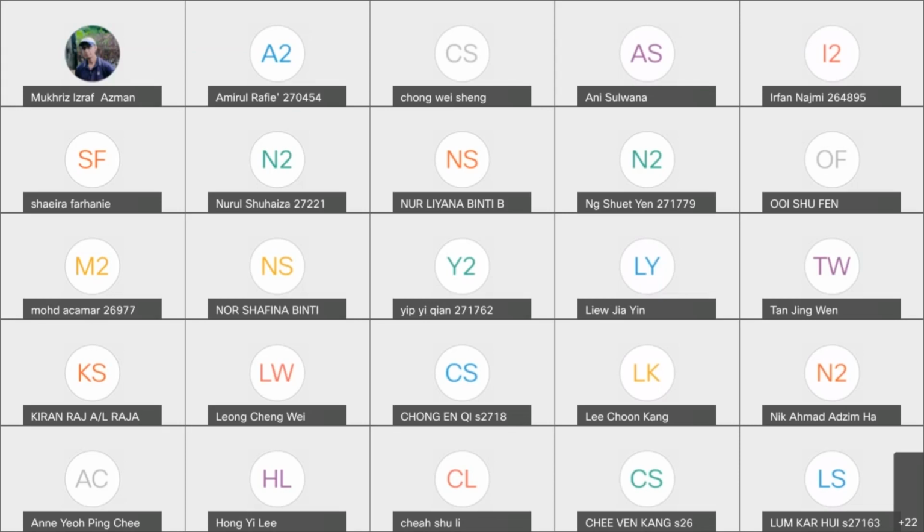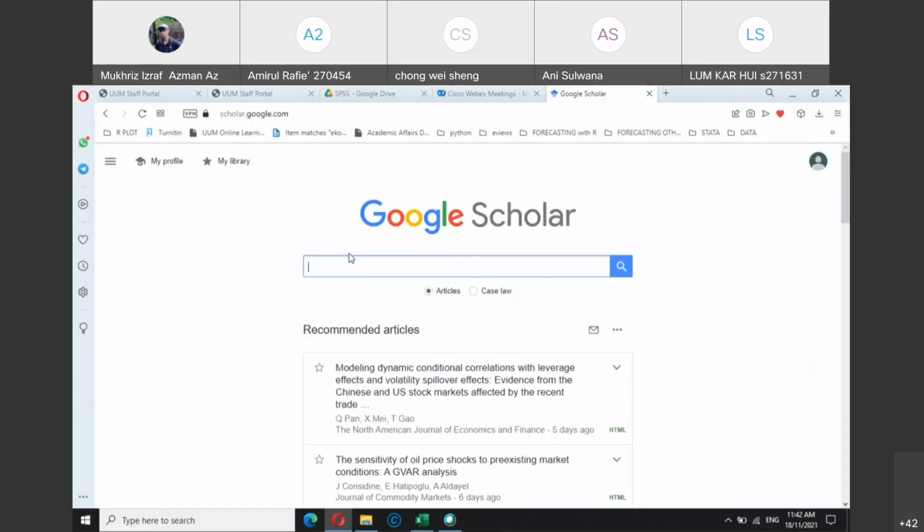Last Monday I also showed you how to use Google Scholar to extract the information and put it into Zotero, your reference manager. Of course, you can use other software, but just for our class this semester, it's easy if everyone uses the same program, and then you can share your folder.